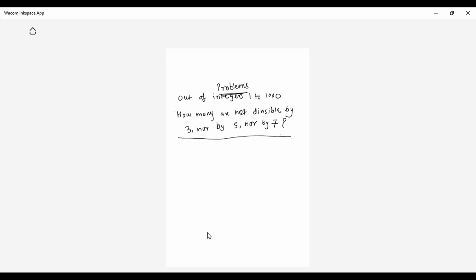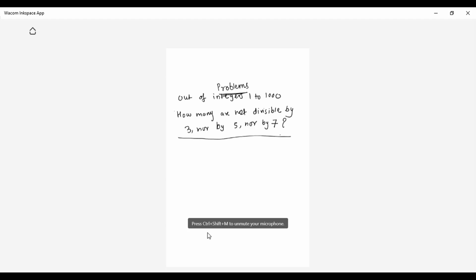Cardinality of A plus cardinality of B plus cardinality of C minus cardinality of A intersection B minus cardinality of A intersection C minus cardinality of B intersection C plus cardinality of A intersection B intersection C. I hope you are remembering this formula.